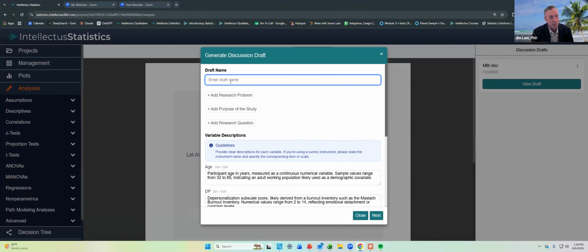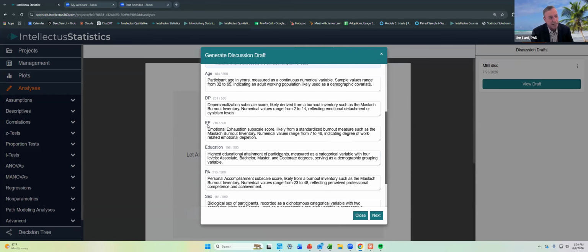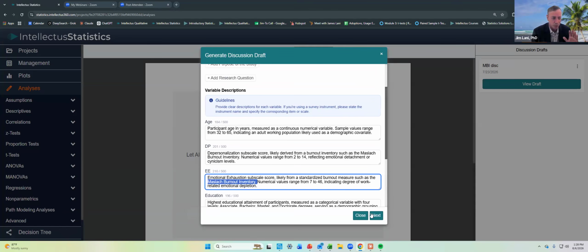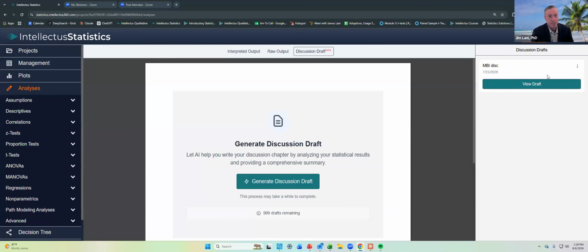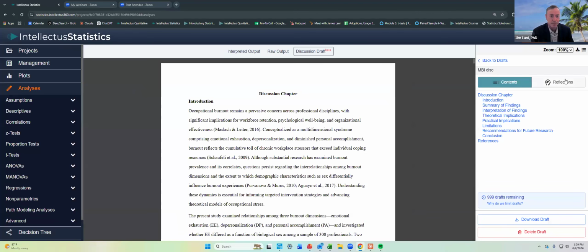So you would enter the draft name, add the research problem, purpose of the study, and research questions. Here you want to validate that the name of the construct is fully described here. You can see EE does stand for emotional exhaustion via the Maslach burnout scale. So just make sure that that's all cool and then go forward. I think I have a copy of that here.